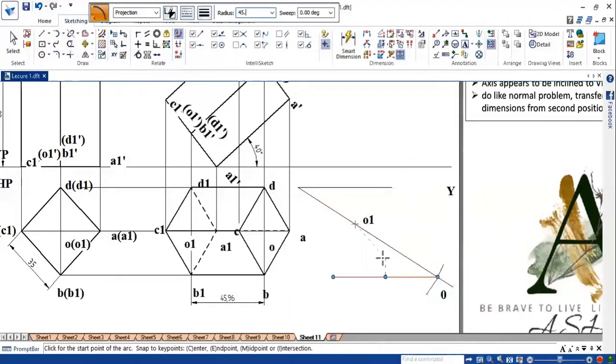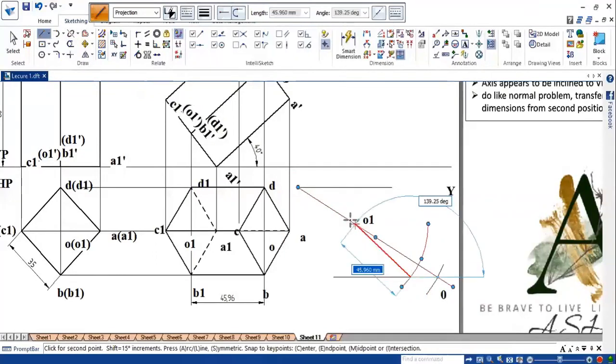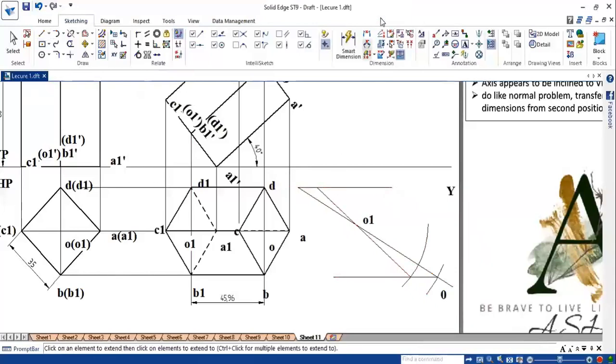Measure 45.96. Cut an arc. 45.96 should be the radius. Draw an arc. Now join those lines wherever it has cut the locus with the same O1 and extend that till where you have drawn.